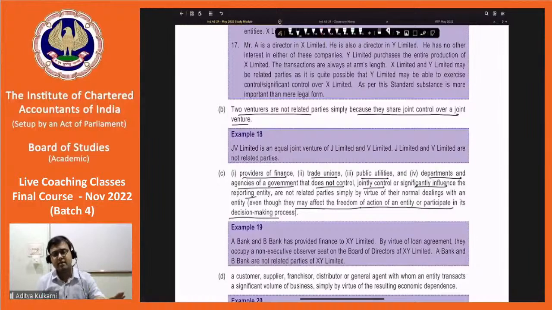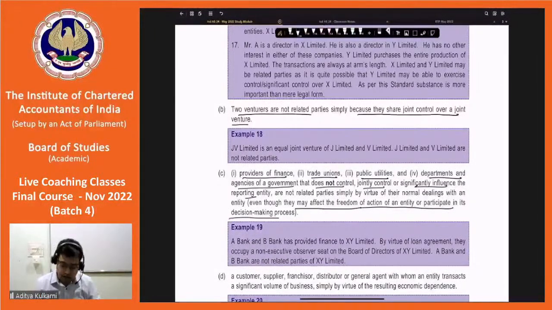If they are selling a pristine asset, the nominee director will say the proceeds must first be used for clearing the loan. So only for protecting the bank's interest, you are having a nominee director. You cannot say this nominee director is a related party of the company. Why? Because his function is not to direct the activities of the entity. His function is to protect the interest of the bank.